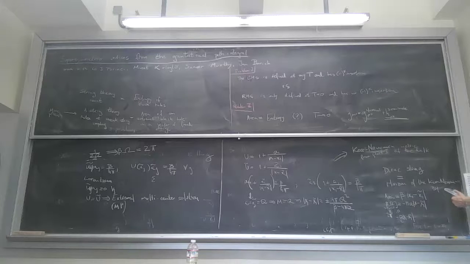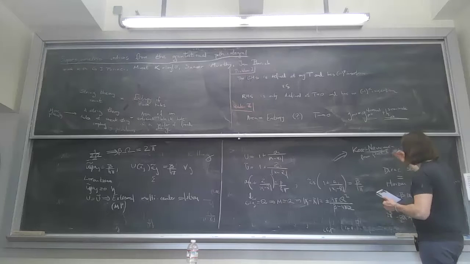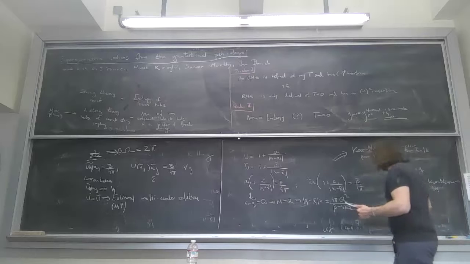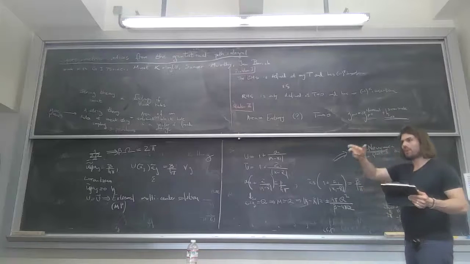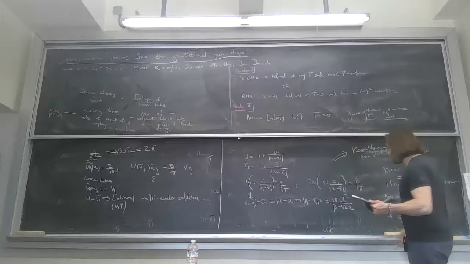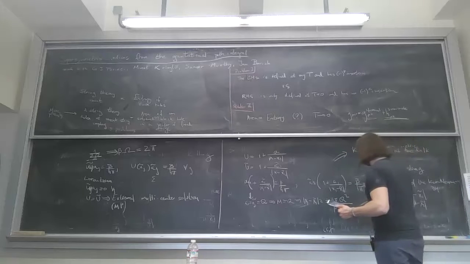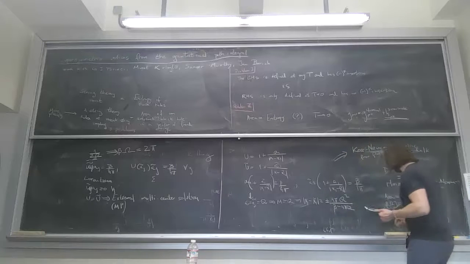Good. Whenever we're computing a free energy, we should add an entropy to whatever beta omega j term we turned on in order to compute the free energy.